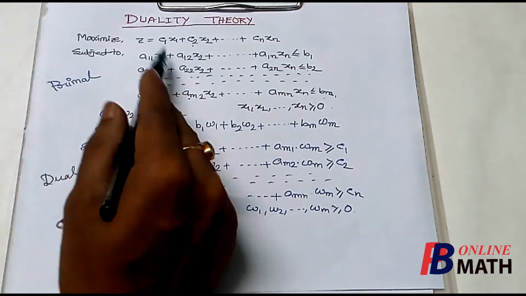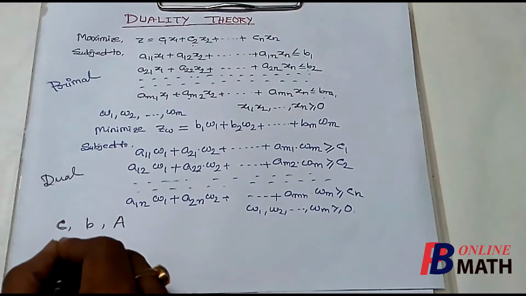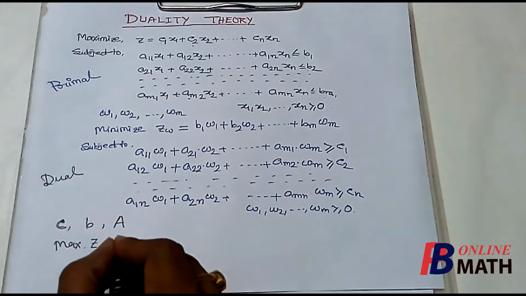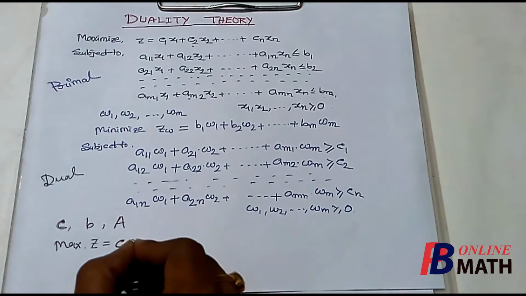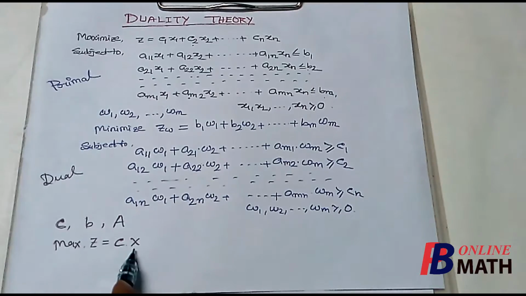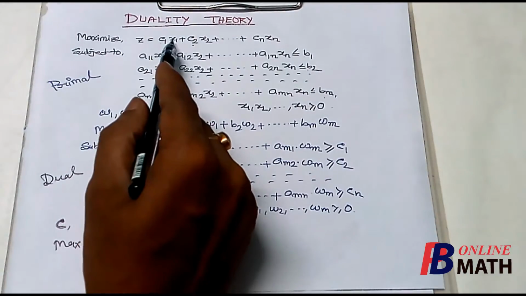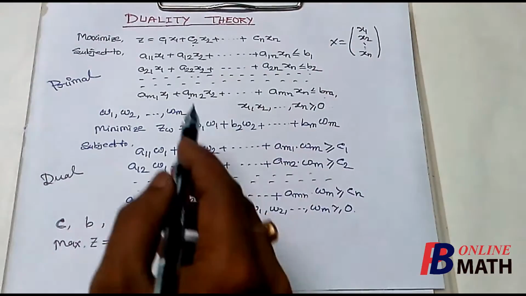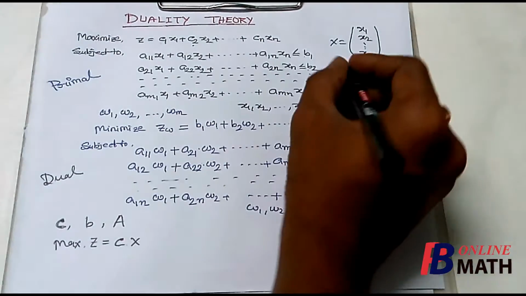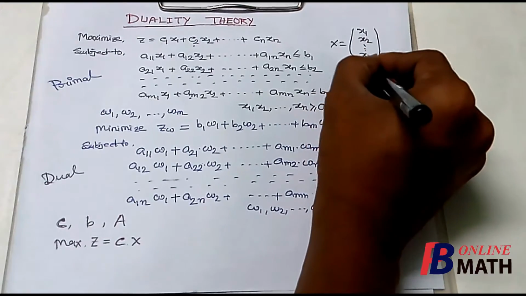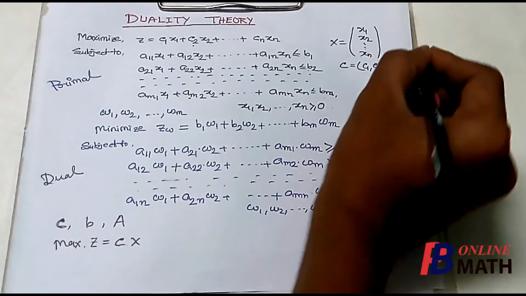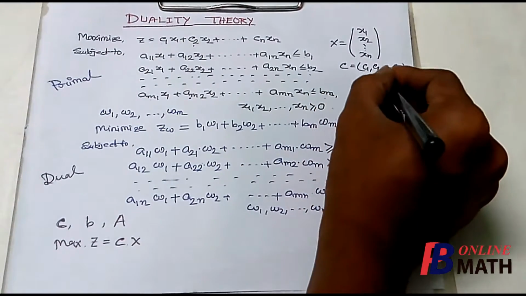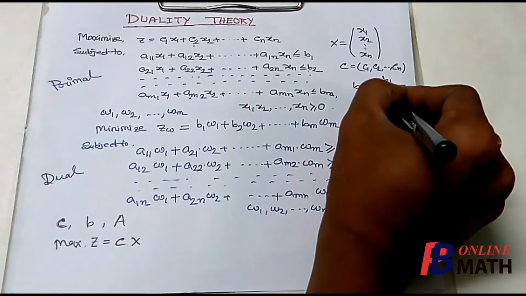Then the primal problem can be written as maximization of z, this will be c vector multiplied by the x vector, where x vector is the column vector having these n variables. So x vector will be this column vector x1, x2, xn, and here the cost vector is this row vector c1, c2, cn, and b vector is again a column vector, so b vector will be b1, b2 up to bm.